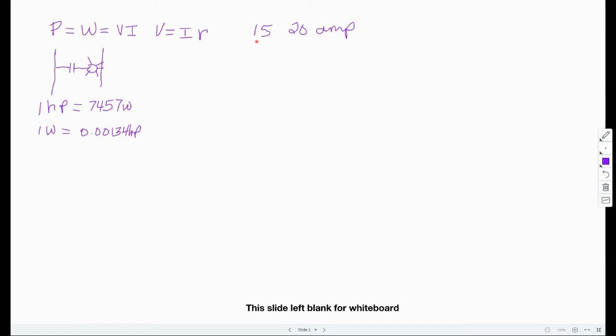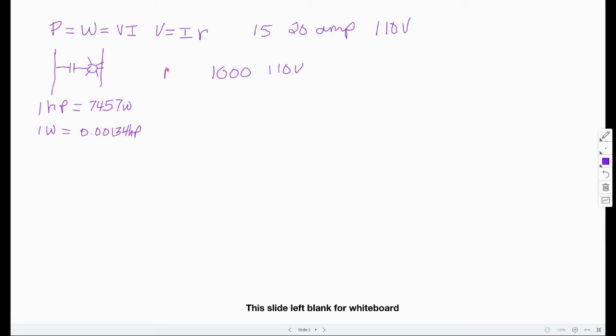Most receptacles that are in the wall, the plugs you plug into the wall, are 15 or 20. The voltage in the United States is 110 volts. So if I have a bunch of different things, let's say I've got a 1000 watt microwave, and it is 110 volts.